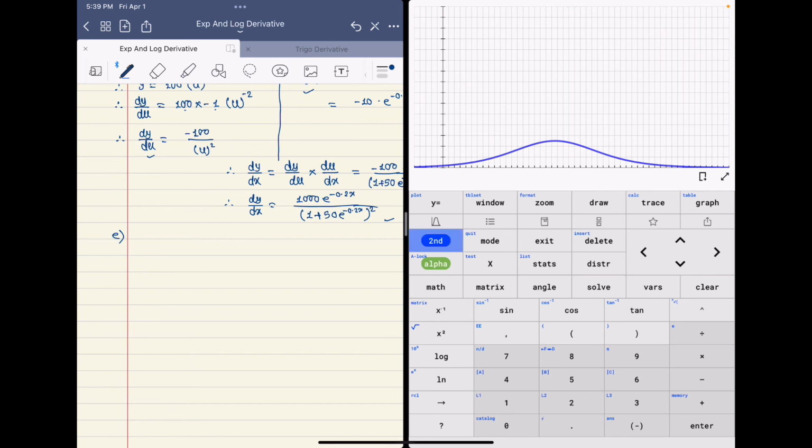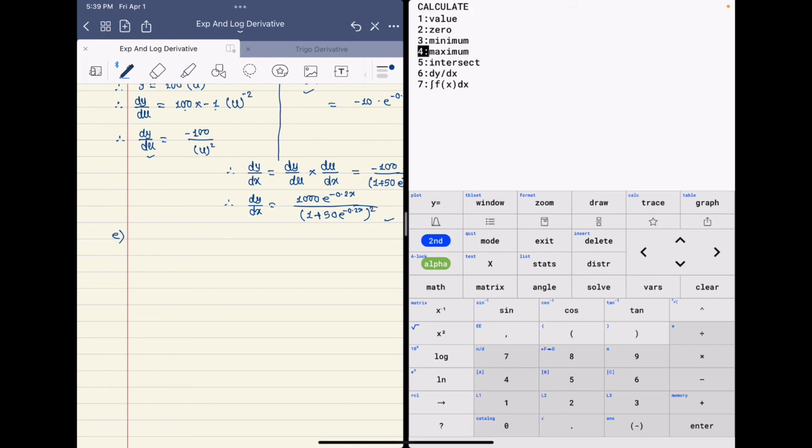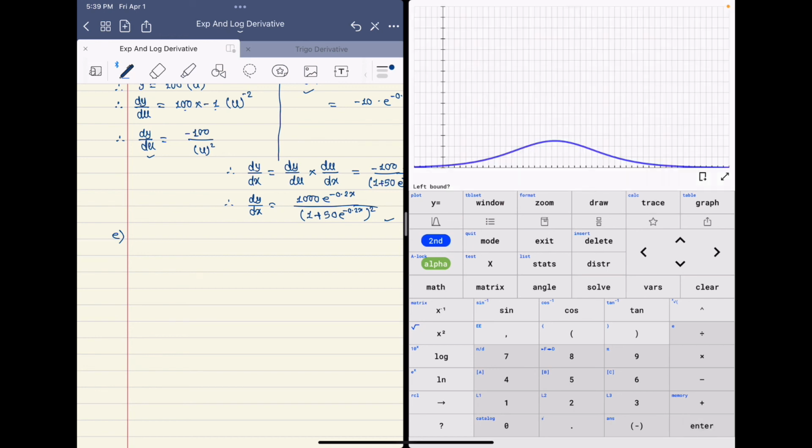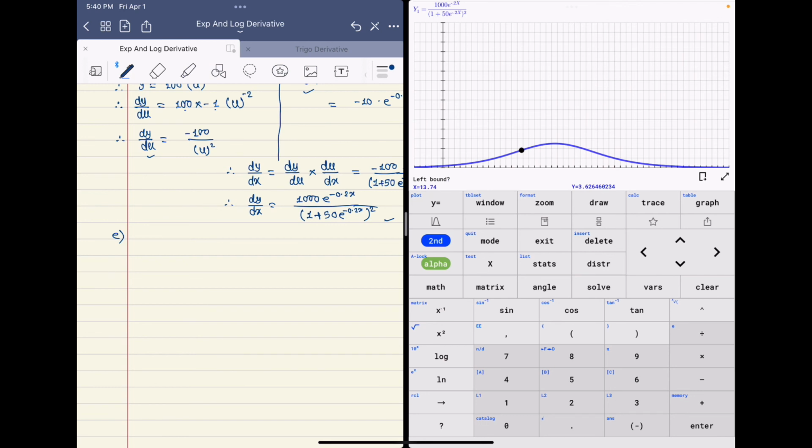So I will go second, trace, maxima, enter. They say left bound, yes, enter. Right bound, yes, enter. And you can see the maximum point is 19.56 comma 4.999, which is 5. So this is what you are working. You have to show your graph properly.